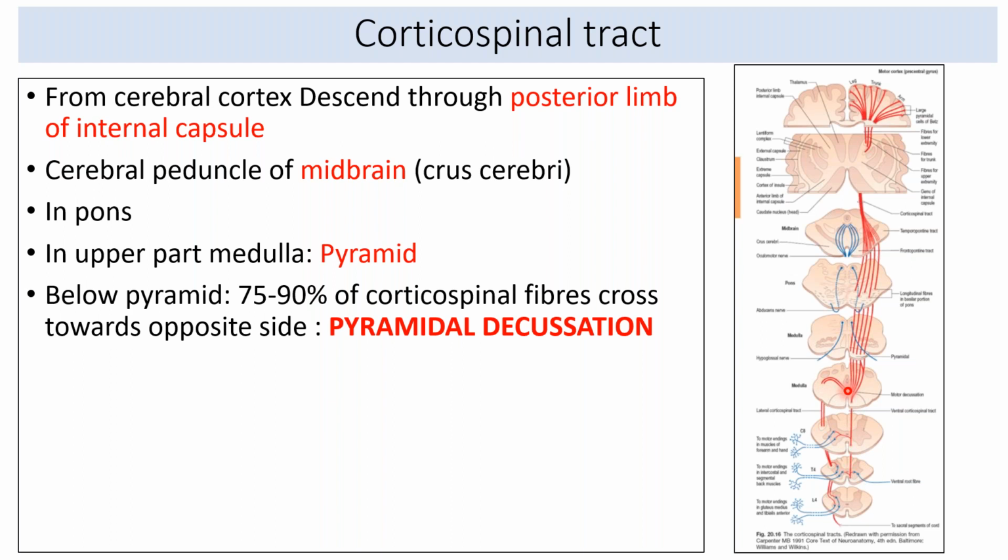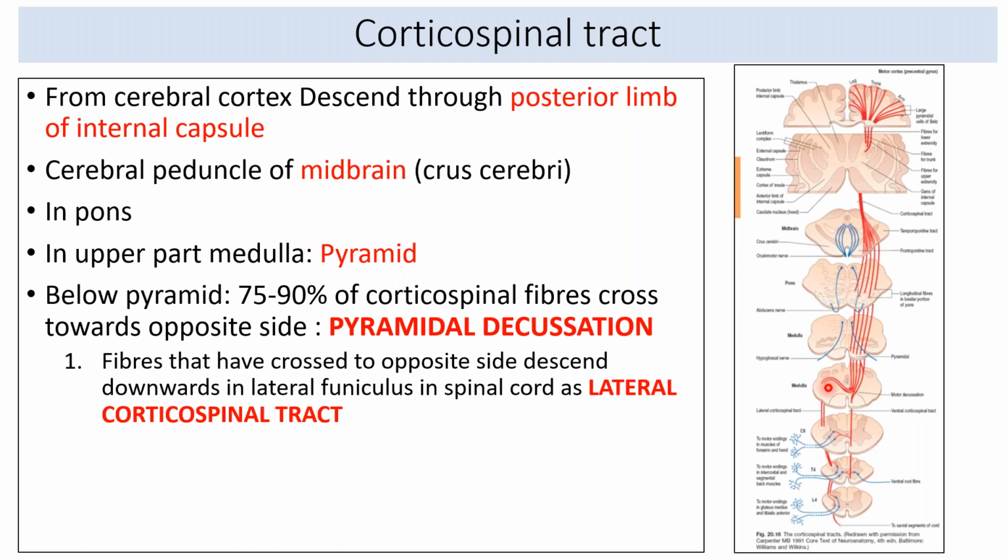The majority of fibers which have crossed posteriorly and laterally contribute to the lateral corticospinal tract. So the fibers that have crossed to the opposite side, posterior in direction, will then descend downwards and continue as the lateral corticospinal tract.